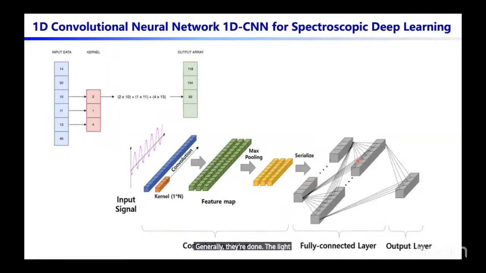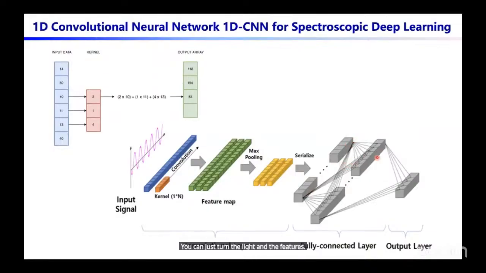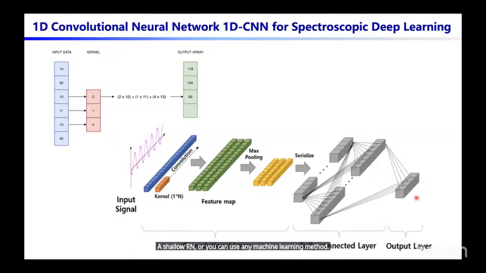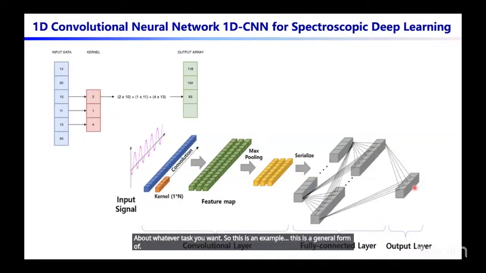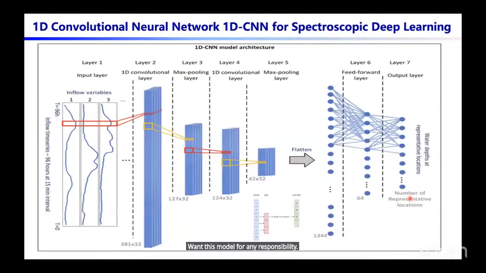Then you can flatten the latent features and apply either a shallow neural network or any machine learning method for whatever task you want. This is a general form of the 1D CNN model for any spectroscopy deep learning purposes.